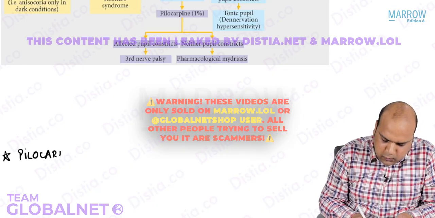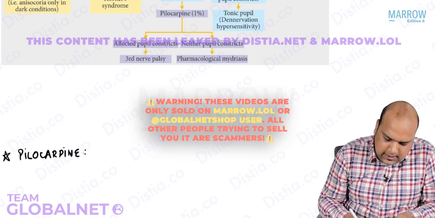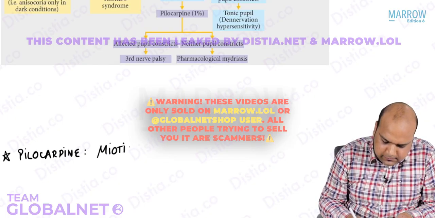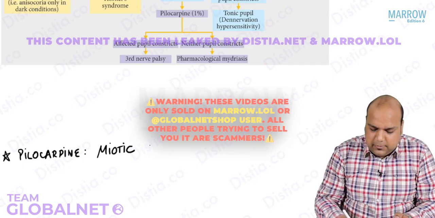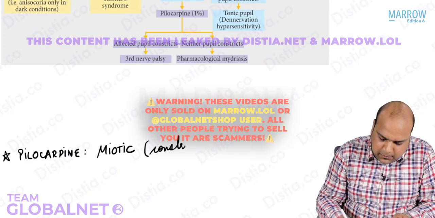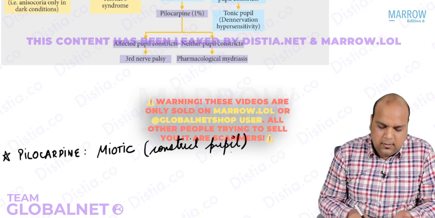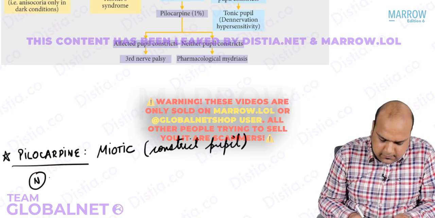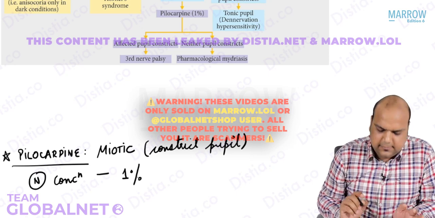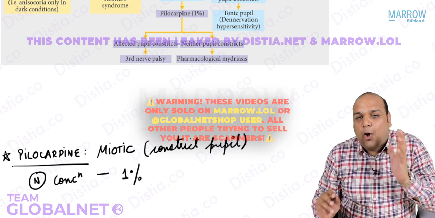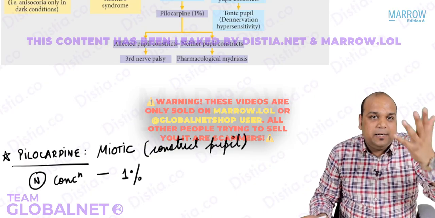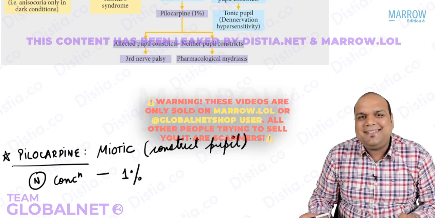Pilocarpine, as you may know through your pharmacology, is a miotic agent. Miotic means something which will constrict my pupil. The normal concentration is 1%. Now, what do we mean by this normal concentration? That is important. That is what students can't wrap their heads around. Very easy.